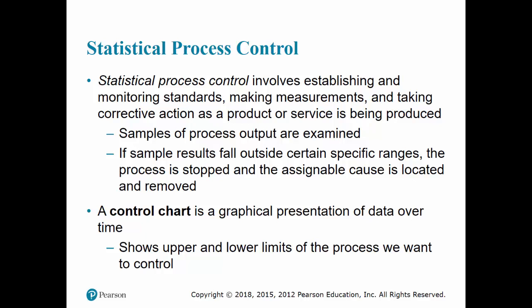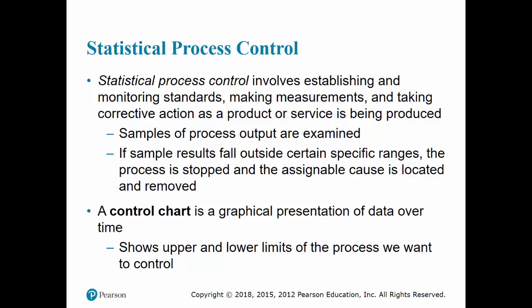Now, statistical process control, which is going to be the focus of this chapter, is about taking samples from the production process and coming up with control mechanisms such that if the process goes awry, then you can detect that automatically and stop the process and investigate and see what's wrong.